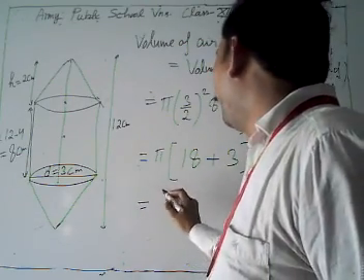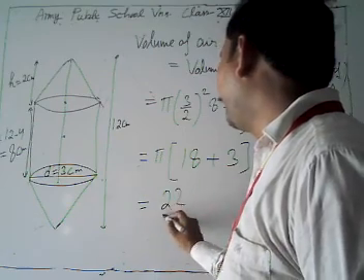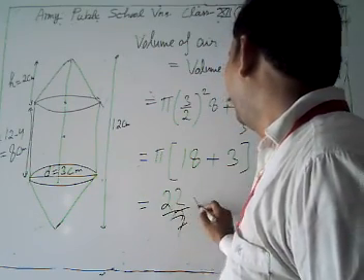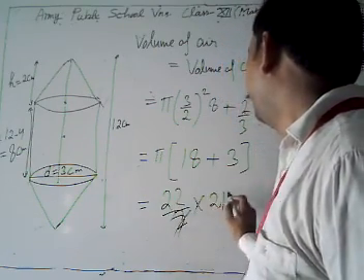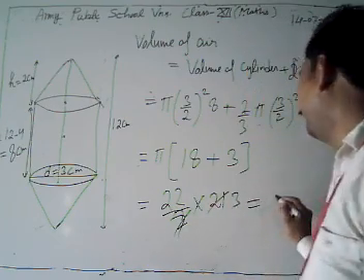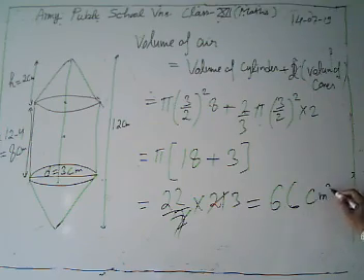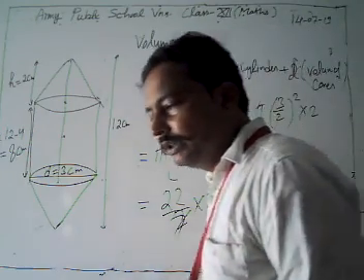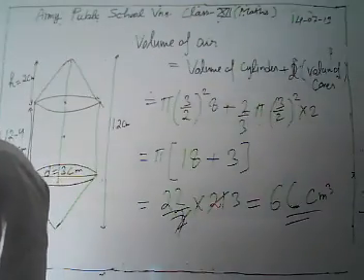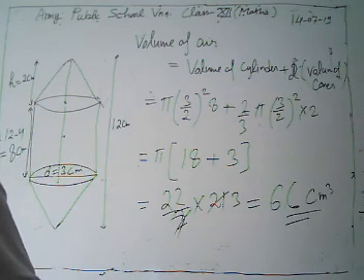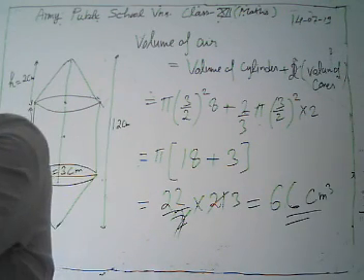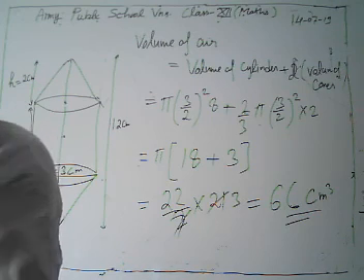Then the value of pi is 22 by 7 into 18 plus 3, 21, 7 3s are 21, then 66. The dimension is centimeter, so 66 centimeter cube. This is the volume of air in the model.